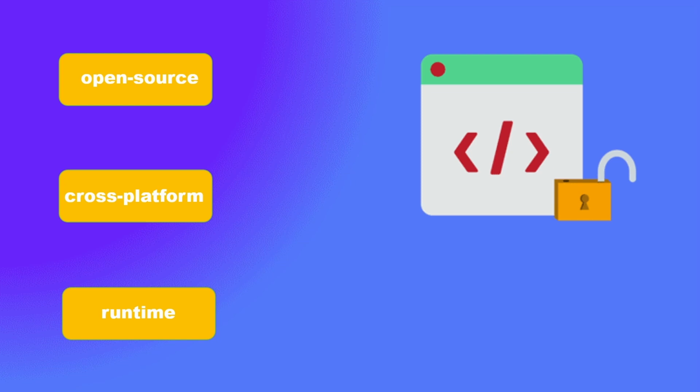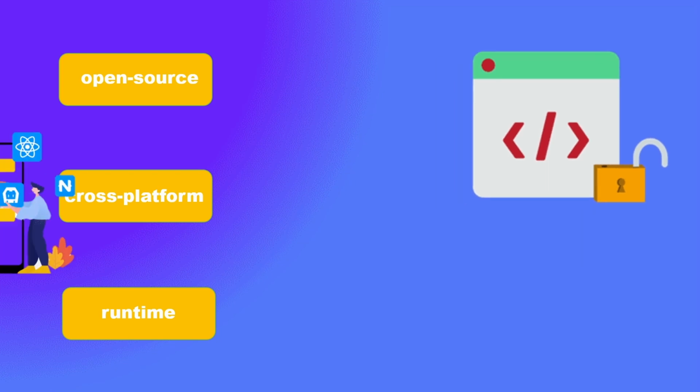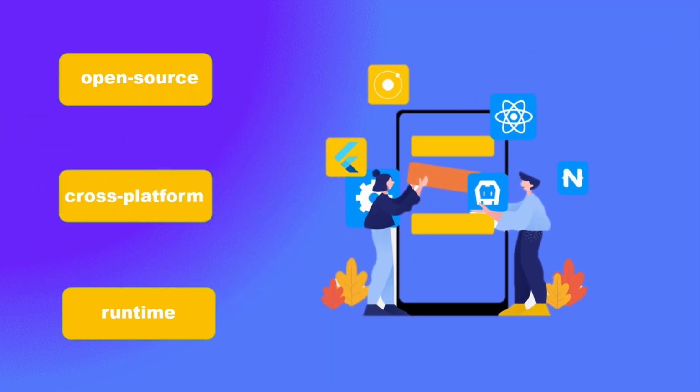Whoever wants to contribute can contribute and make a modification without any cost. Next, cross platform: you can use this on multiple platforms such as Android, Windows, and iPhone, etc.